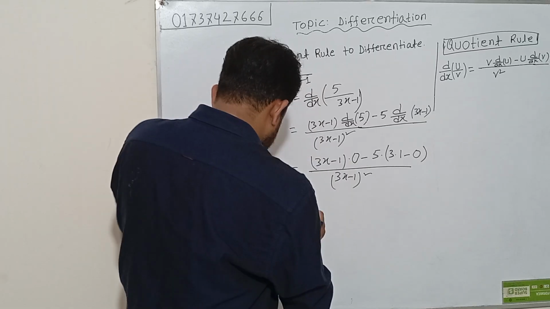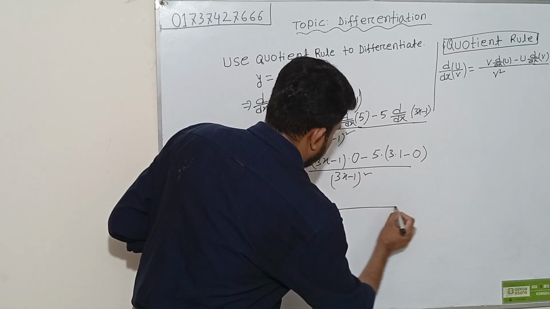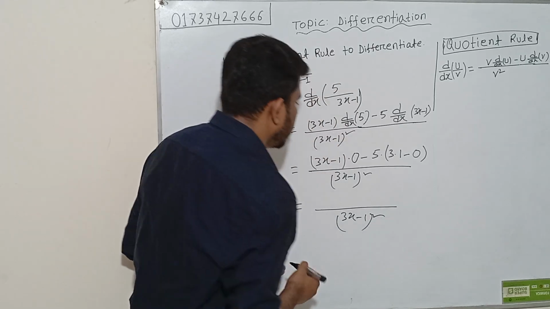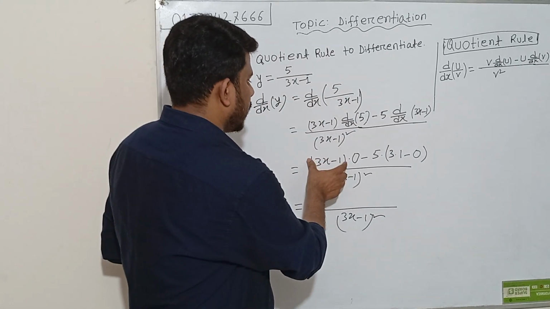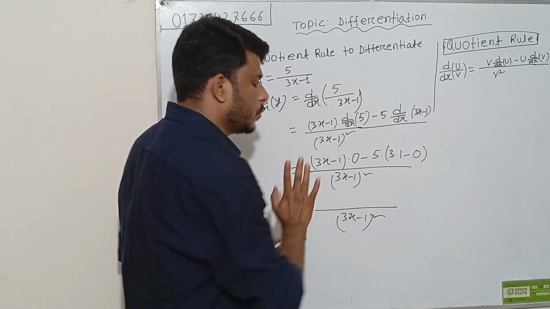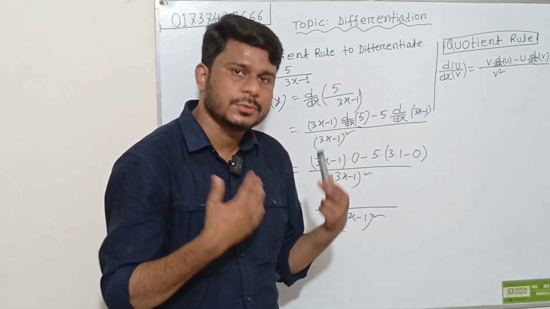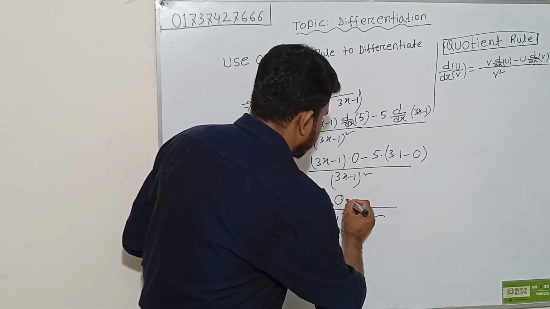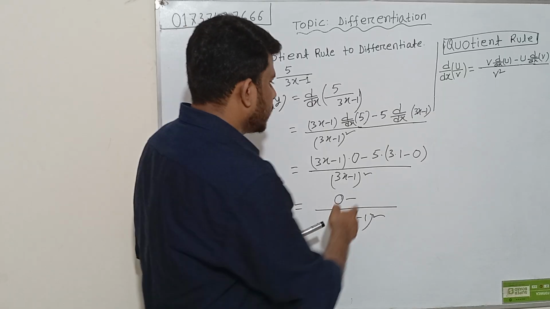Then just simplify normally. We have 3x minus 1 whole square, and if I multiply the whole thing with 0, it will be 0. Already we know that. So you can write 0 here, and this is minus, and this is 5.